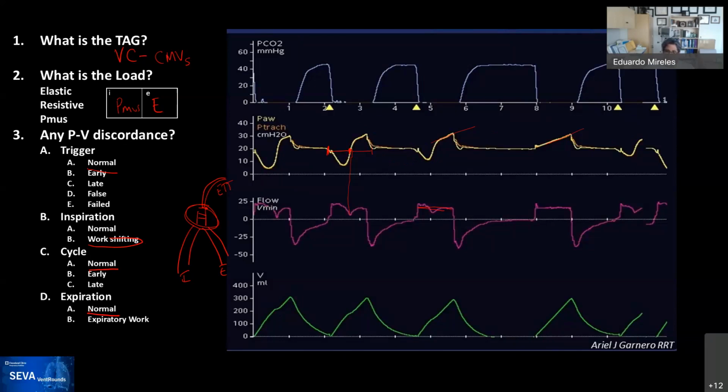So this requires a little bit more, it's more nuanced than what we do here. And I want to highlight, as part of the disclosures, that this is an evolving nature of how we classify and understand the asynchrony issues or discordance issues with the ventilator, and how we study them. Not all of the late cycles are the same thing, and not all work shifting is the same. There are different degrees, and we have to understand how to measure it and how to record it.